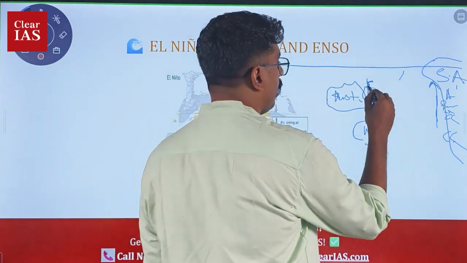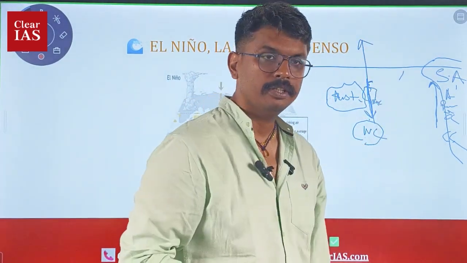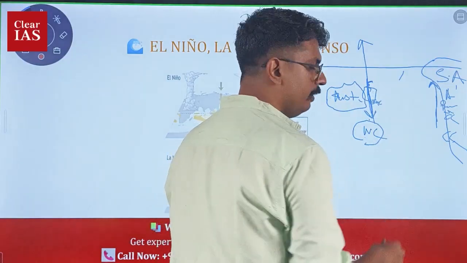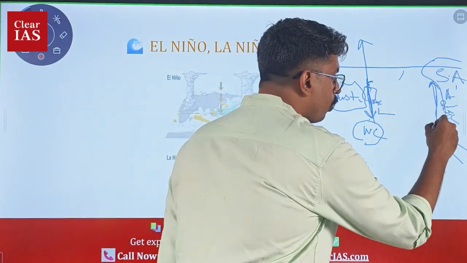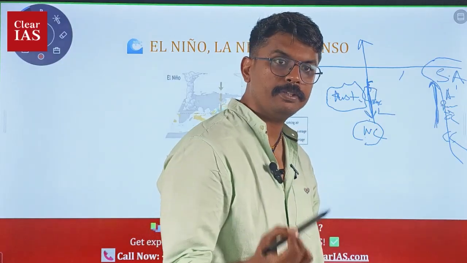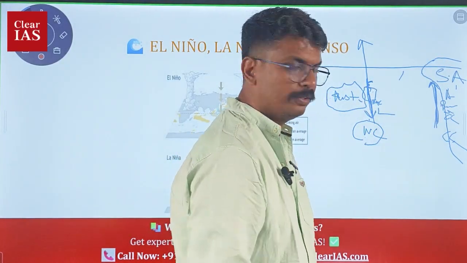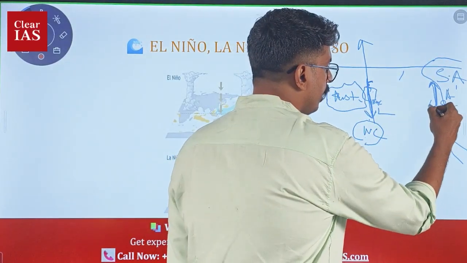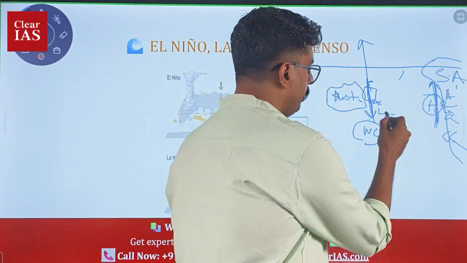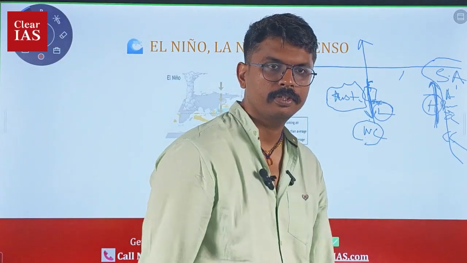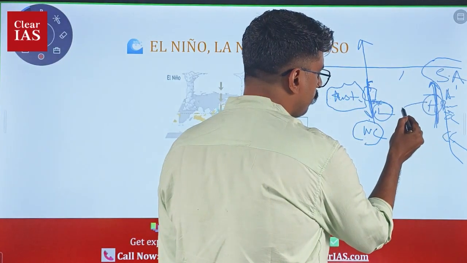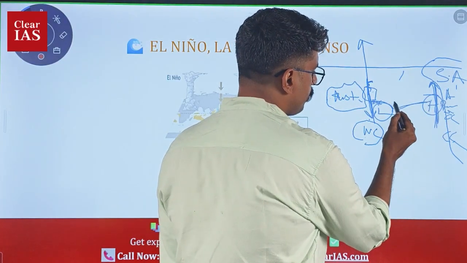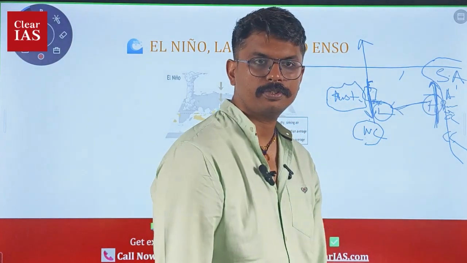Very good. Air will start rising upwards, creating what pressure? Low pressure. And here it's a cold current. The temperature of the water is going down, so it will create a high pressure. High pressure and low pressure. So now winds will start blowing from the surface, from this high pressure to this low pressure.